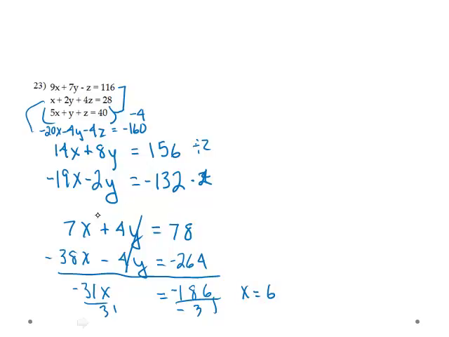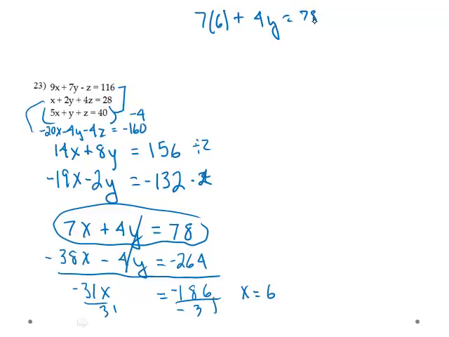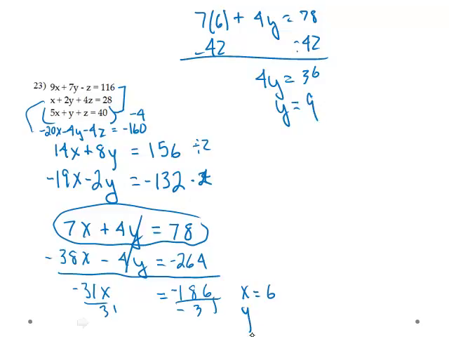So let's substitute x is 6 into this equation right here. 7 times 6 plus 4y equals 78. This is 42. Subtract 42 from both sides. 4y is 36, so y is 9.